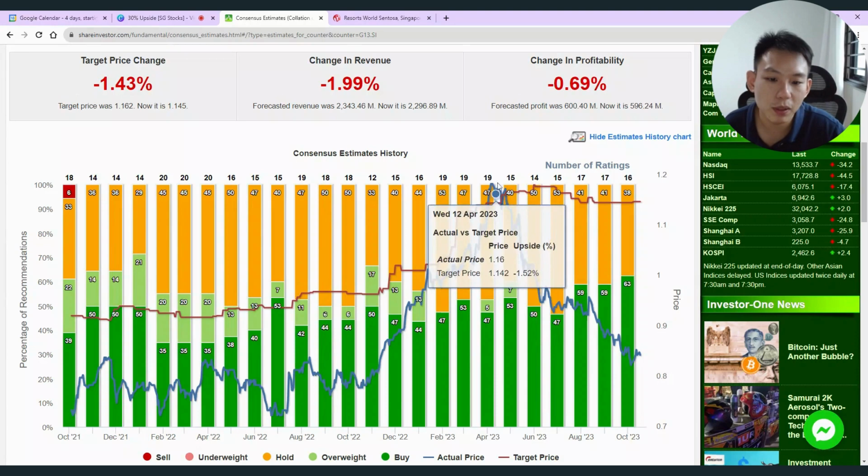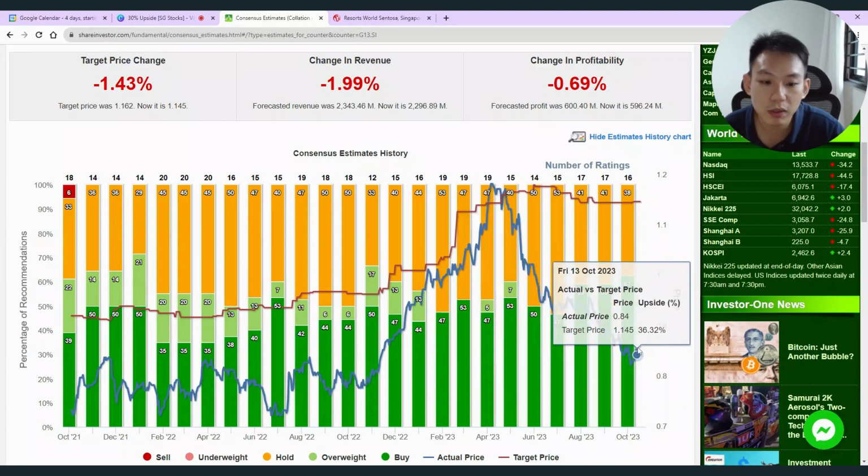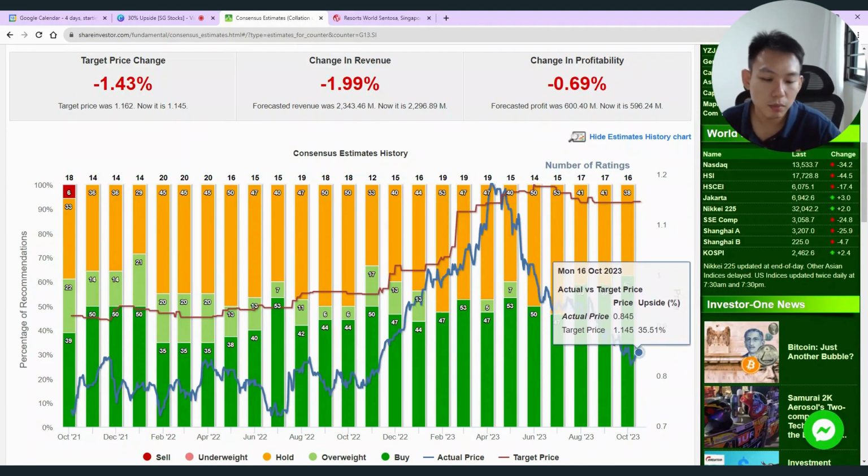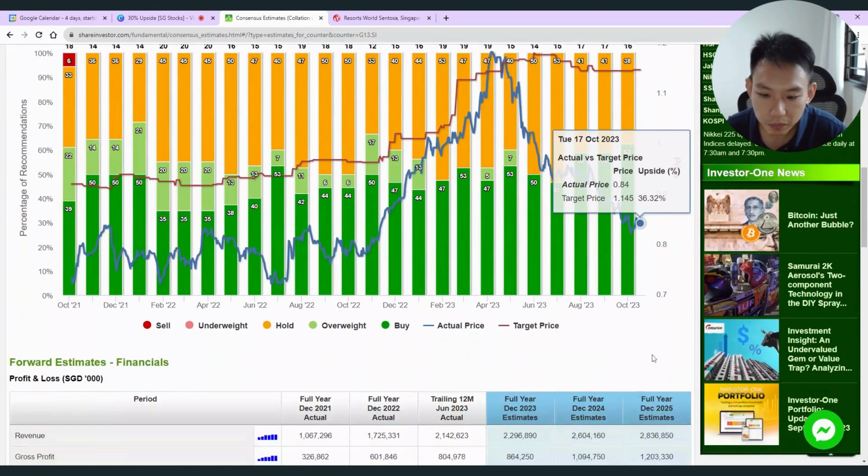They fell back from $1.20 to around 80 something cents right now. So that is offering us a rather big gap, more than a 30% upside from the analyst price target.